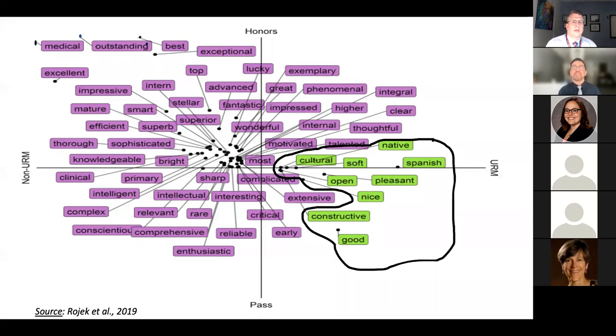Here, I think we're seeing a big difference in the way in which people who are not URM are described versus those who are URM, and very, very few terms that are used frequently, which again might mean that the individual evaluations might be very individual and unique. We don't know that in particular about this study, but I do see a stark difference in terms of how language is used. Does anybody want to say anything else about this before we move on?